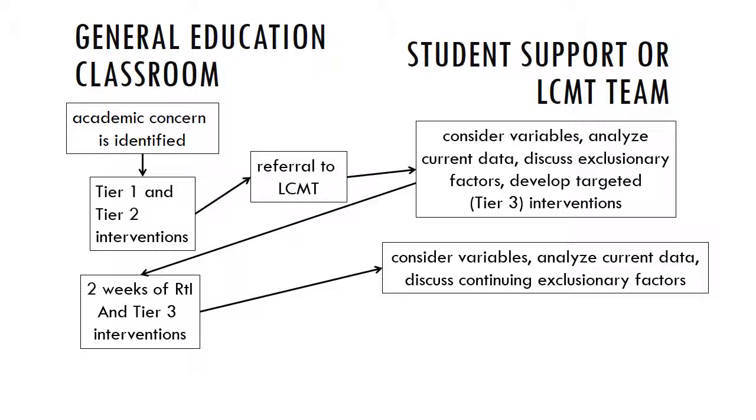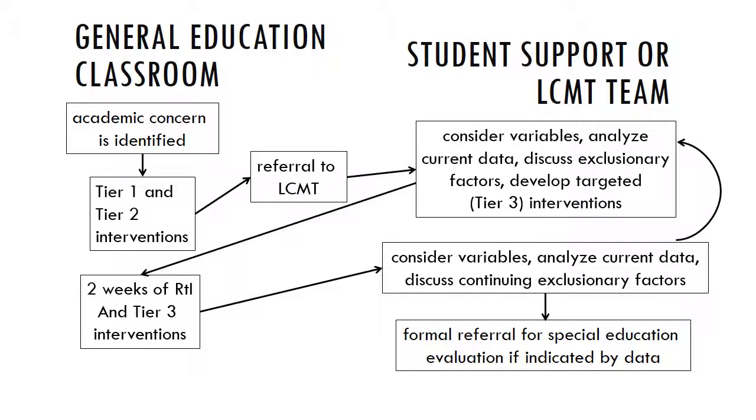Then the teacher reviews the data and, if necessary, meets with the student support or local case management team to analyze the variables, consider the data, and discuss the exclusionary factors. This process is repeated as long as the student is responding to the interventions or until the student is performing at the expected grade level.